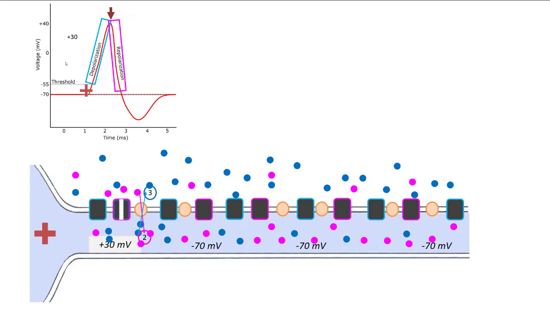Hyperpolarization phase is during the time that we're doing this rebalancing of sodium and potassium. So this dip area on the graph is known as hyperpolarization, and this is when we have the sodium and potassium exchange taking place by the pump.